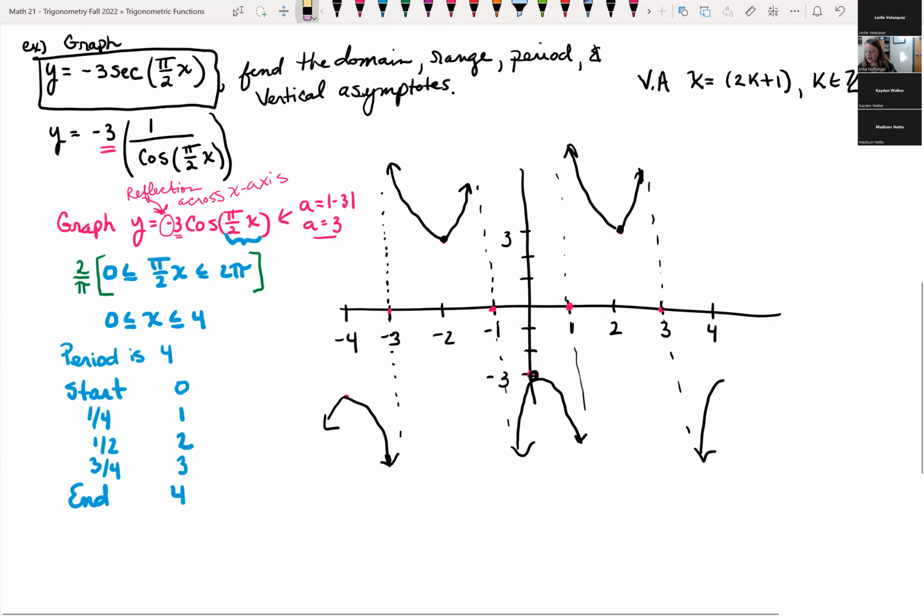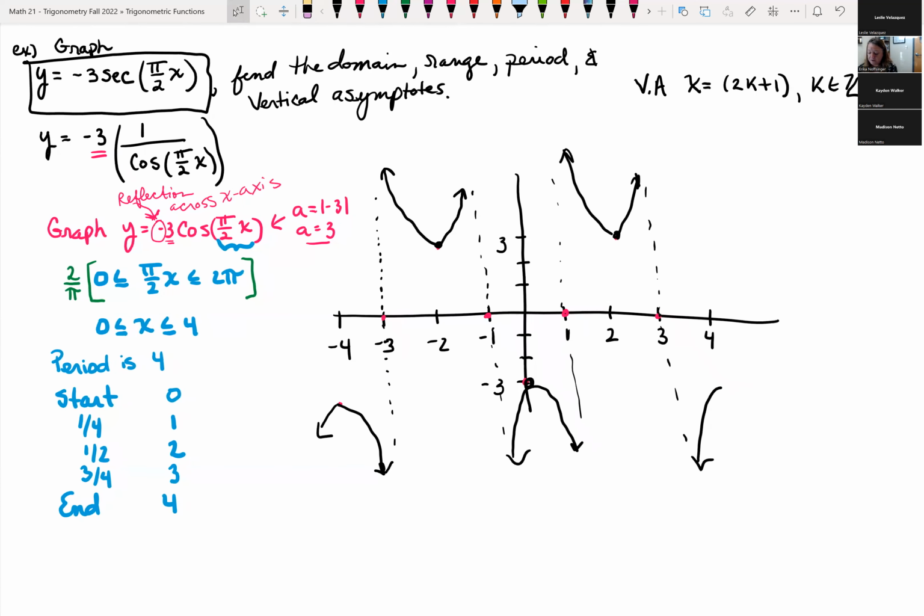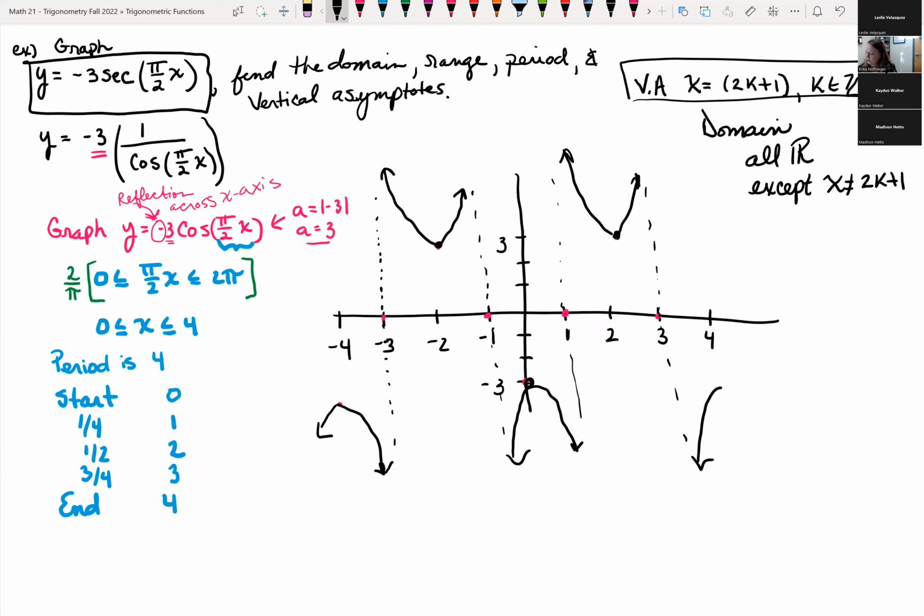Our domain are all values except for those values which give us our vertical asymptote. So our domain are all real numbers. So that capital R with the vertical double bar line is representative of real numbers, except x cannot be 2k plus 1, where k is an integer.